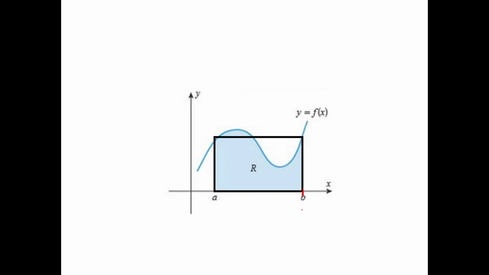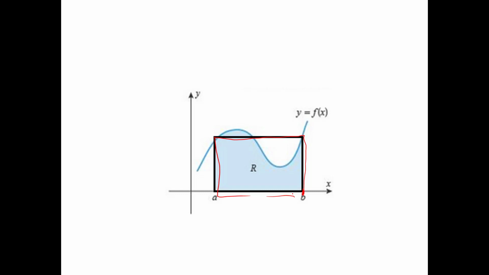For us, what we're going to do, even though your book is going to refer to both the left endpoint and the midpoint, we're going to ignore those restrictions throughout our work, and we're just always going to use the right endpoint, just for simplicity's sake, right? And so we're going to take the right endpoint, go up to the curve, go across, come back down, and this is the area that we're going to use to approximate.